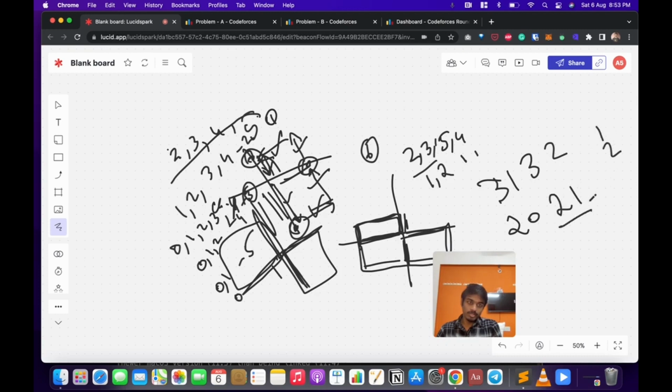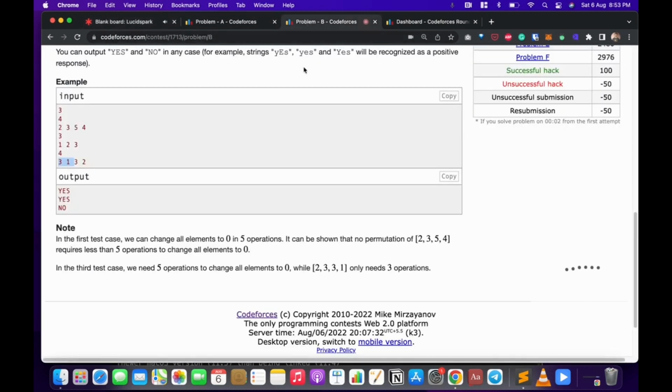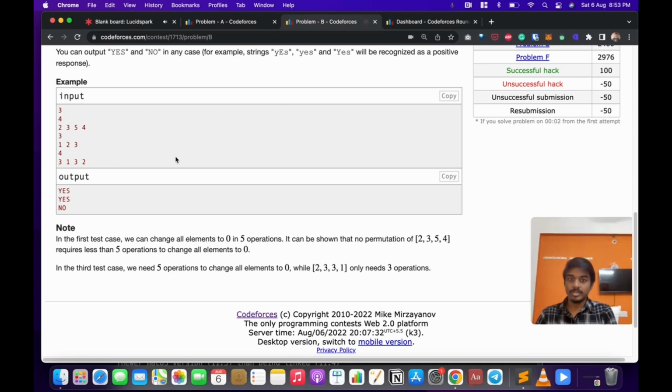Second operation, it decreased everything. That is 10. Third operation, it decreased. Fourth operation, it decreased. Fifth. Okay, got it. Now I say that 1233 has a lesser number of operations.